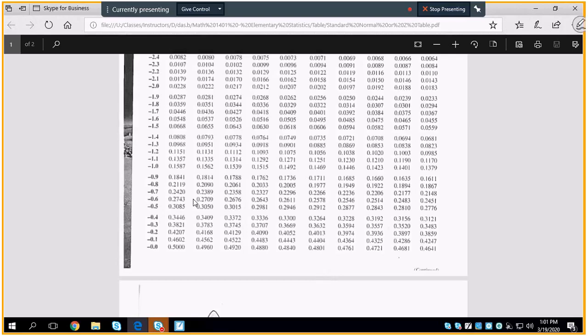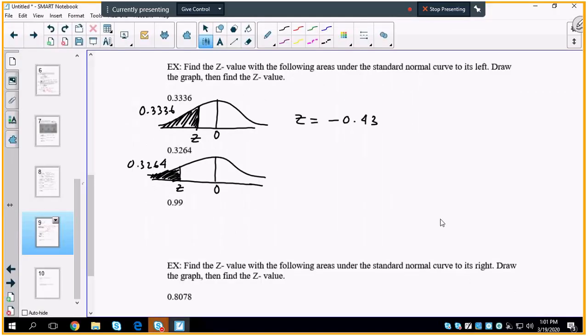Let's see whether we can find it. 0.3264 is here, the same row, negative 0.4, and the column is 0, 1, 2, 3, 4, 5. So it's negative 0.45. So z is equal to negative 0.45.